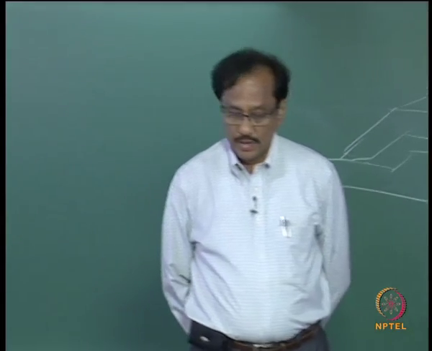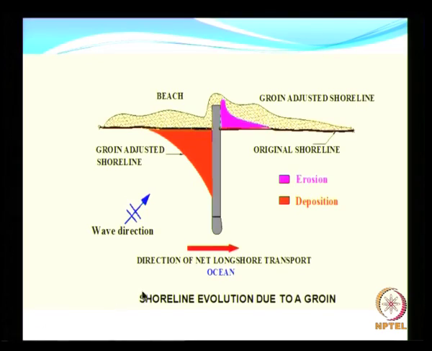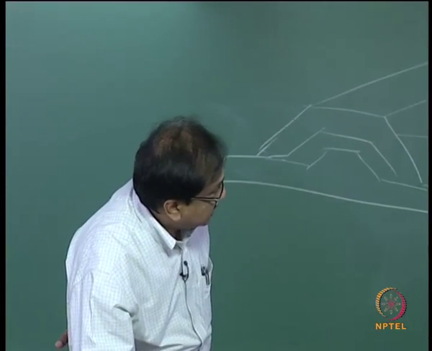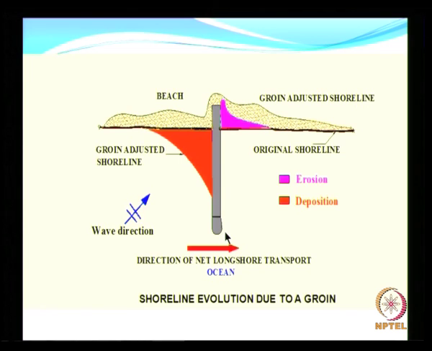As we have seen earlier, there is a continuous movement of sand along the shore. When it is moving along the shore, if there is a structure normal to the shore, what will happen?